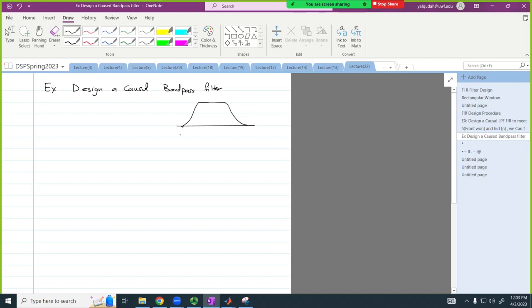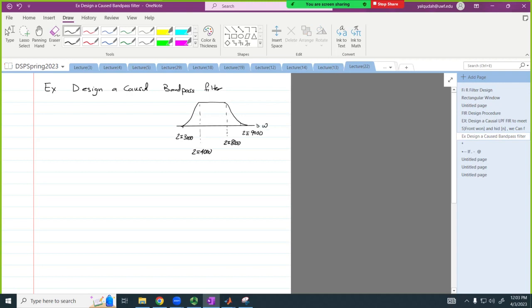We have 2 pi multiplied by 3000 here. This frequency is 2 pi multiplied by 4000. This frequency is 2 pi multiplied by 8000. And this top frequency is 2 pi multiplied by 9000.